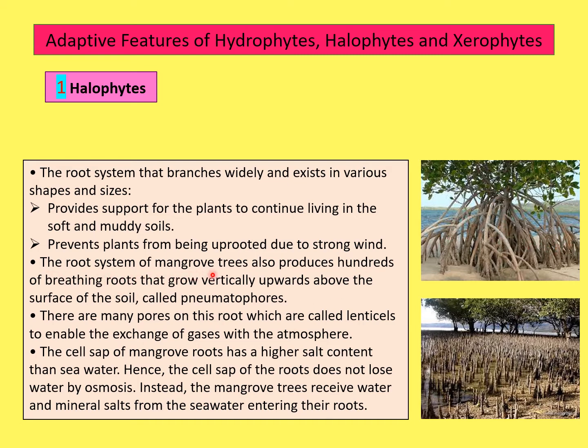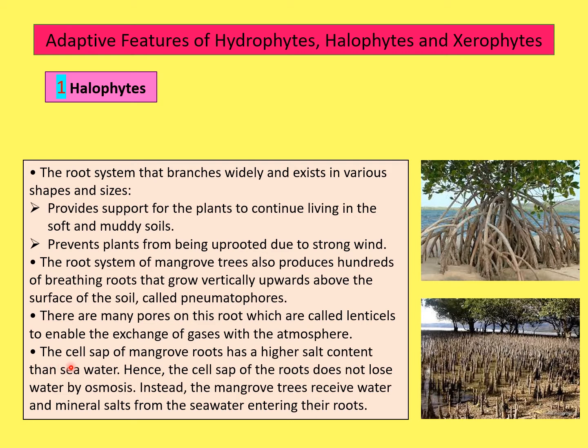The root system of mangrove tree also produce hundreds of breathing roots that grow vertically upwards above the surface of the soil, called pneumatophore. Okay, this is the pneumatophore, the roots that grow vertically upwards. There are many pores on these roots, which are called lenticels, to enable the exchange of gases with the atmosphere.